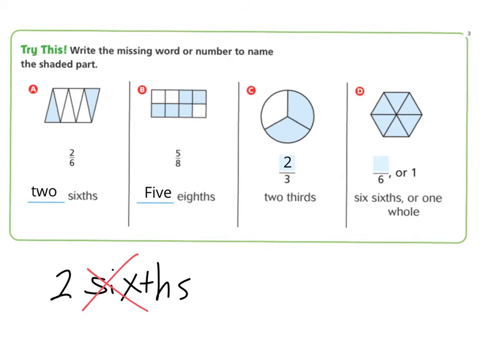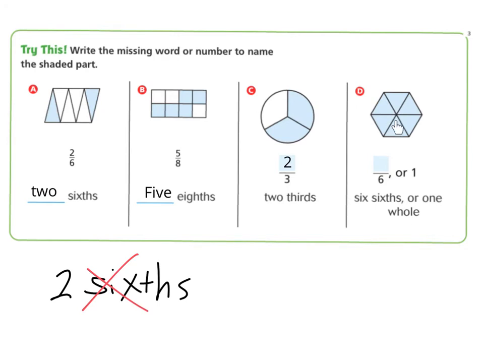All right, we're on a roll now. Let's look at letter D. Letter D, I also see the fraction written in words at the bottom. It says 6/6 or 1 whole. Let's take a look at the picture.